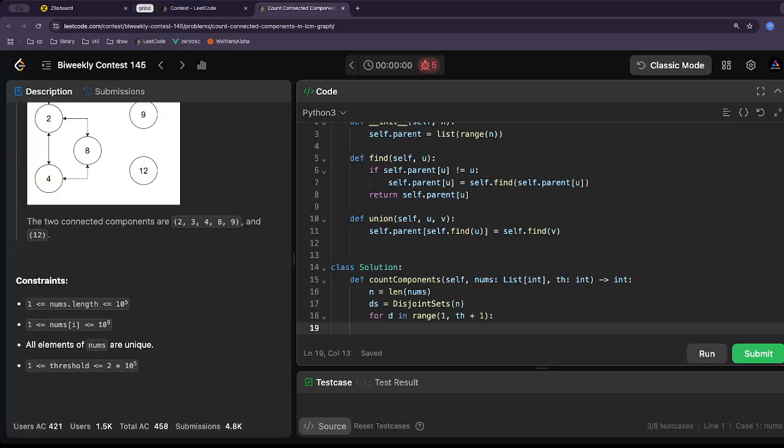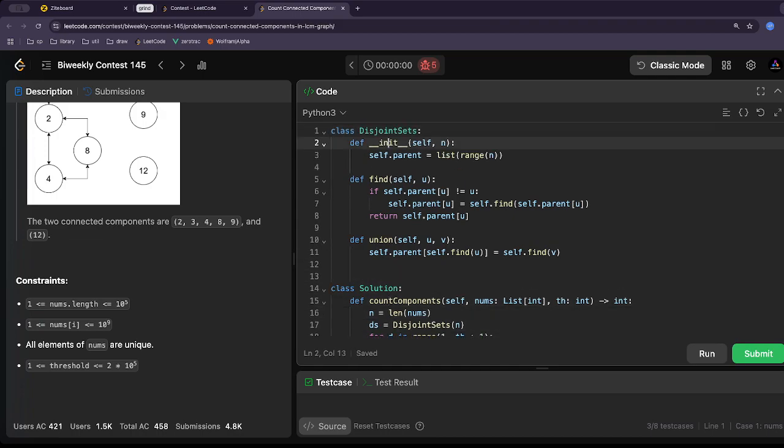For union by size or rank, the time complexity for both union and find operations is more complicated than log. It's not the log. It's the inverse Ackermann function, I think. But you would have to read Wikipedia for more details. I mean, it's fast. That's all you need to know for practical purposes.